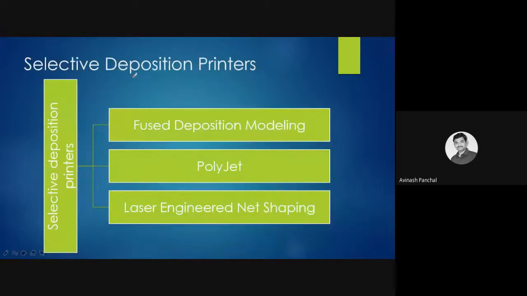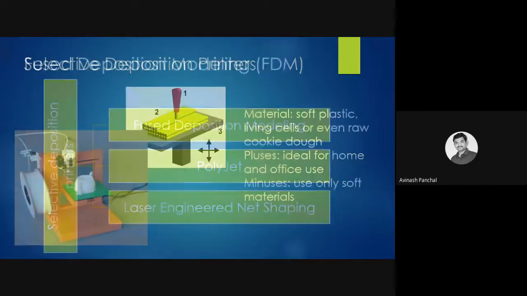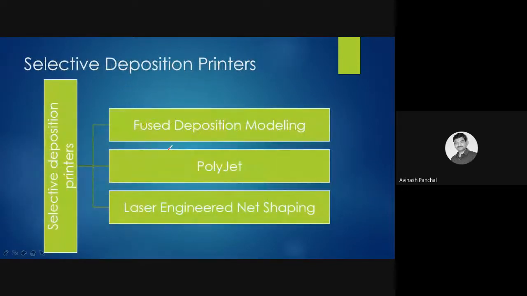The next is selective deposition printers, which include the fused deposition method, then polyjet, and laser engineered net shaping. The laser is used in this type of deposition printer.